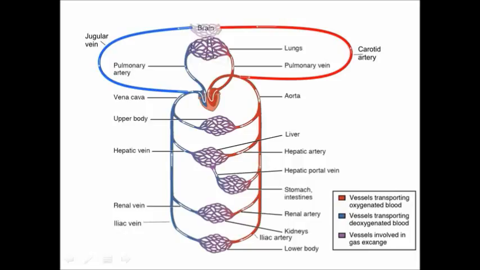It'll be a good idea if you make yourself familiar with the diagram that's here, and also look in the e-copy of the Circulation and Gas Exchange book, which is in your folder on Moodle. If you do that, you'll very quickly get a feel for the various structures that you've got in the system.